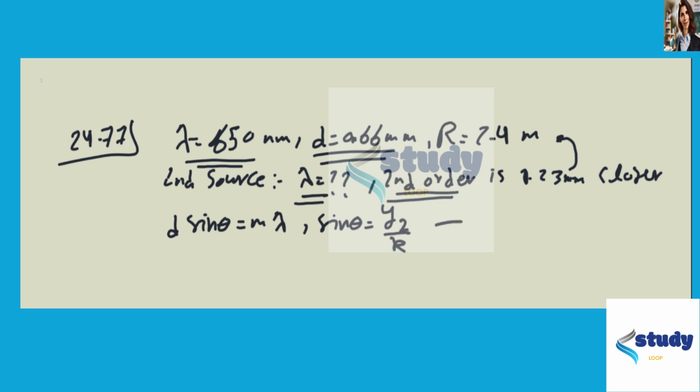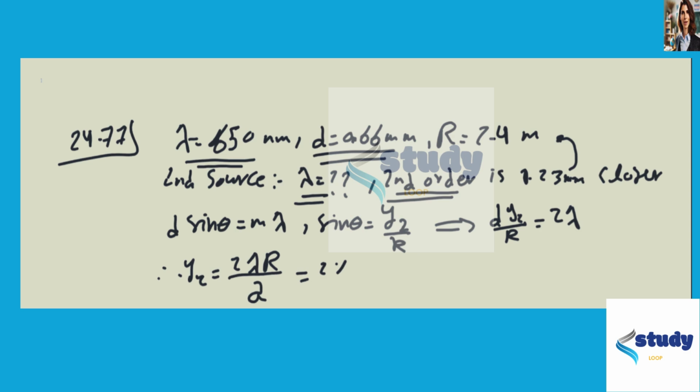Substituting, d y2 over r equals 2 lambda, and hence y2 is 2 lambda r over d, which is 2 times 650 times 10 to the power minus 7 times r, which is 2.4, over d, which is 0.66 times 10 to the power minus 3.